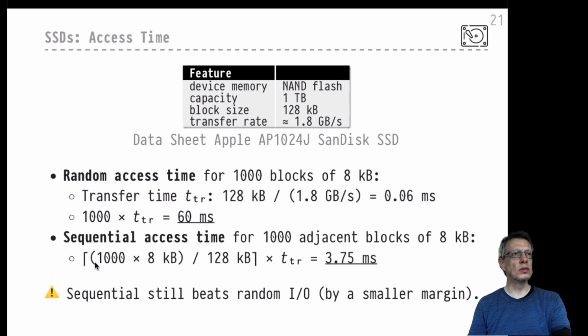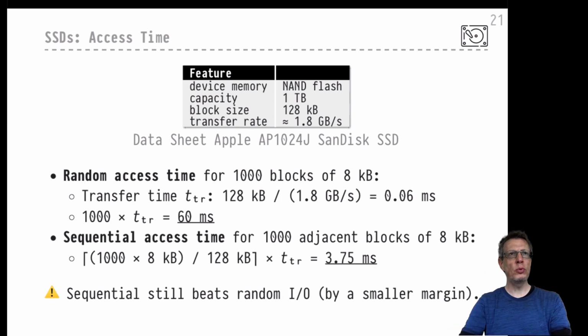So this is the general amount of information we want to move. This will be accessed in these 128 kilobyte units. Each of these will incur this transfer time, or will be moved at this transfer rate. So sequential access time is 3.75 milliseconds only. That's still an order of magnitude better than the random access time. So still sequential access pays off even for these SSD devices. Okay, that's good to know.